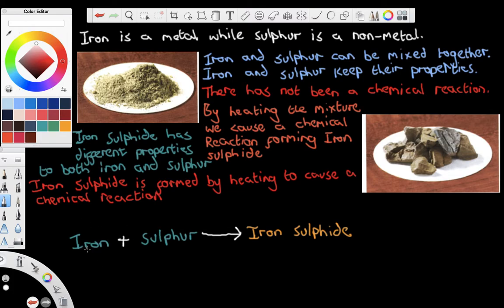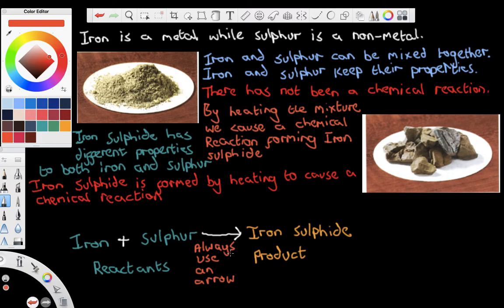Because these are on the left hand side of the arrow, these are our reactants. And because this is on the right hand side of the arrow, this is our product. Remember, we always use an arrow. We never use an equal sign. So always use an arrow.